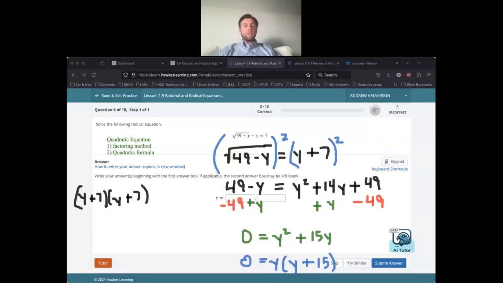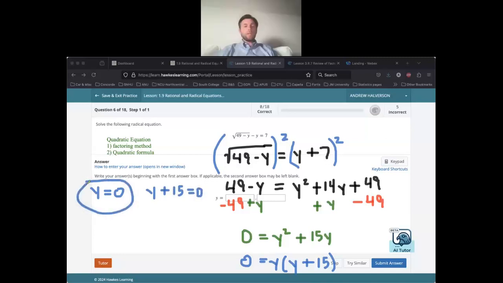So now that you have it factored, I'm going to come over here and get rid of some of this stuff. Now that it is factorable, you set each factor equal to 0. And so what does that give you for your solutions?